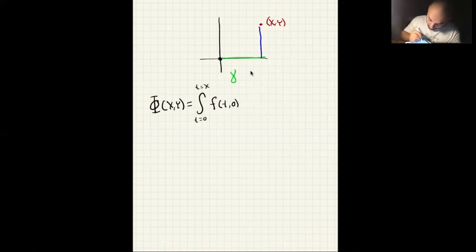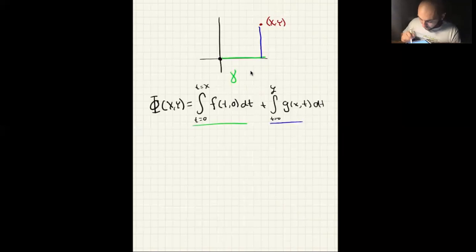That's this component right here, and we're integrating with respect to t, plus the integral from t equals 0 to y of g(0, t) dt. That shouldn't be a 0, that should be an x. If you wonder where these things come from, it's from parametrizing this segment and then parametrizing this segment and adding up the two integrals of alpha along those paths. This is what it has to turn out to be.